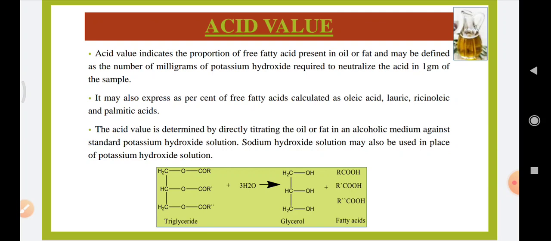And this value is determined directly by titrating the oil or fat in alcoholic medium against standard potassium hydroxide solution. In place of potassium hydroxide, you may also use sodium hydroxide solution.